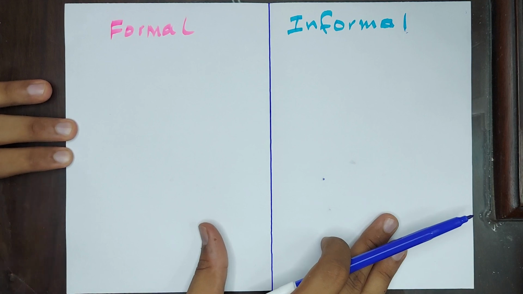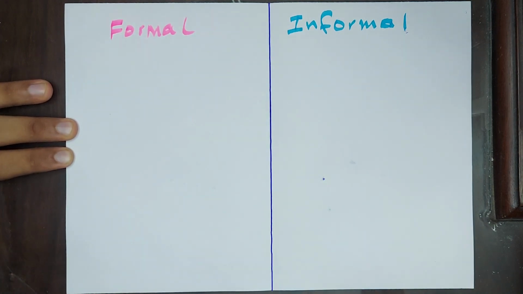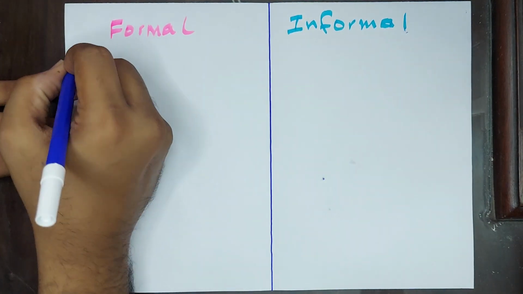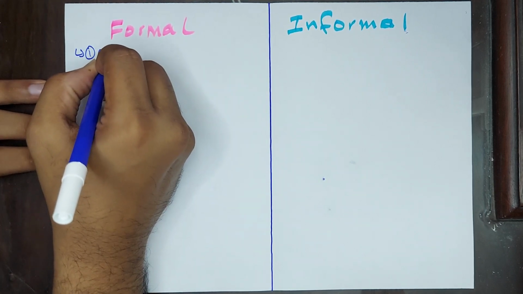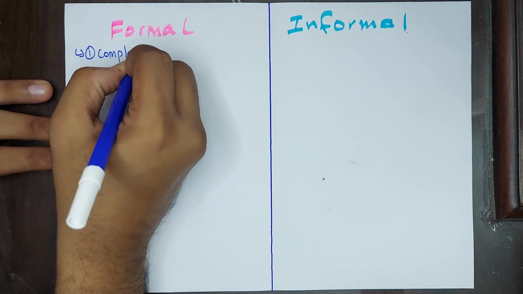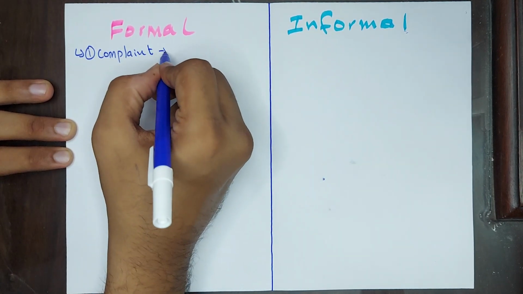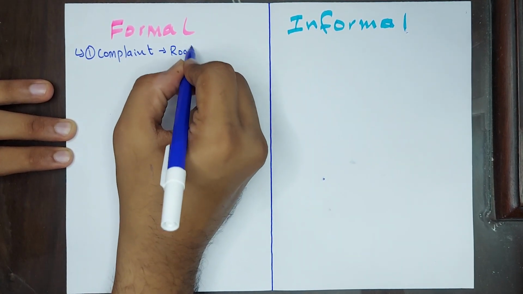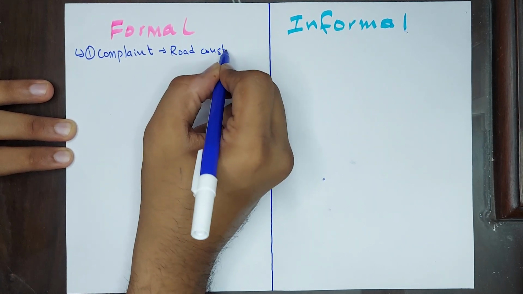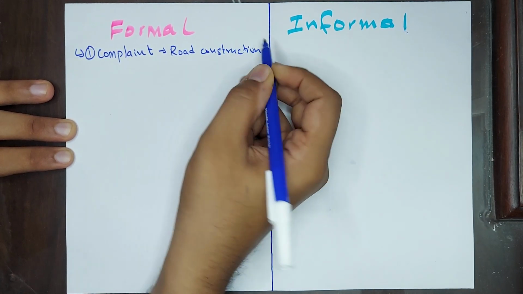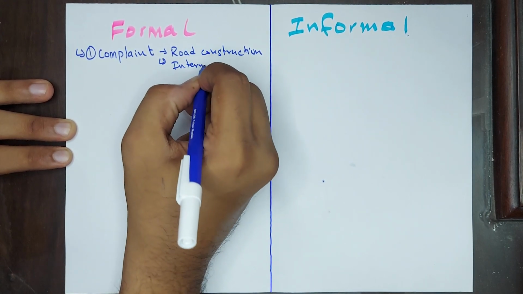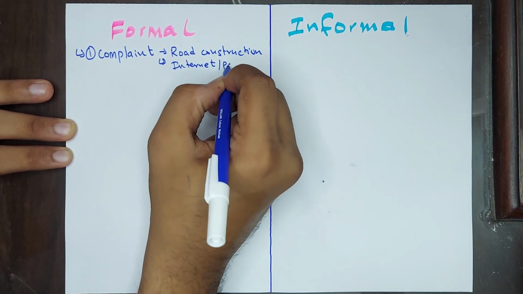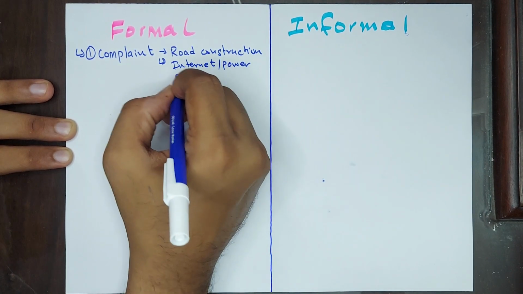And here it goes. If you want to write a formal letter, it is going to be in multiple categories. For example, the first one is a letter of complaint. If you want to complain about, for example, road construction that is making a lot of noise, or your internet, or power outages, I'm just giving you example situations.